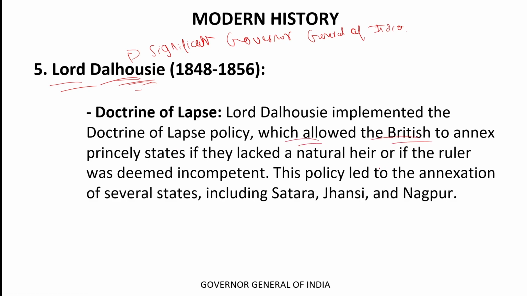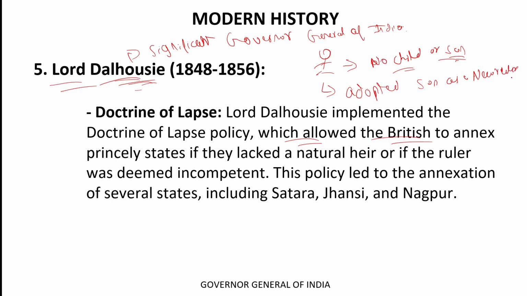Basically, the lapse policy was a policy adopted by the Britishers, which simply stated that if an emperor had no child, or basically no son, then he could not make an adopted son a new ruler.